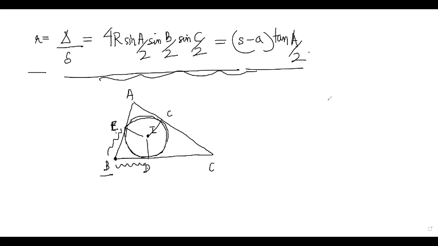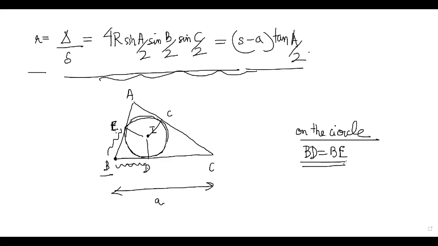So some people have understood what I'm going to show right now. It is about points of tangency. Small a is the side length, the whole side length, right? So we can say that on the incircle, BD and BE are tangents. BD should be equal to BE, because from a point outside the circle, you can draw equal tangents to a circle, right?